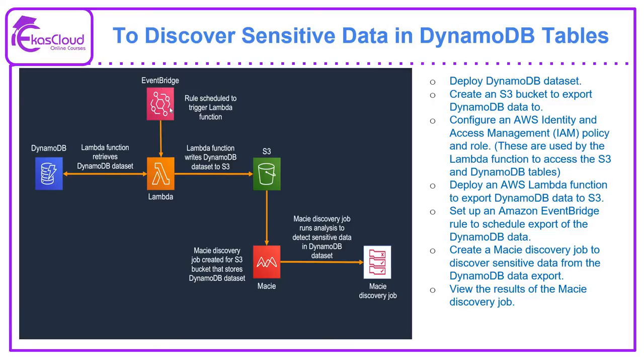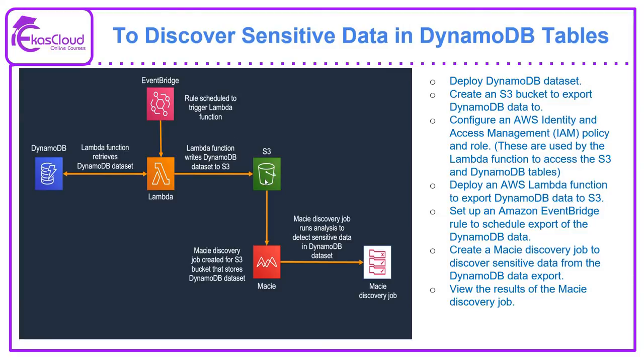Your EventBridge would be a way to schedule and trigger this Lambda function, and your S3 bucket as well will have an IAM policy on it. So this will be used by the Lambda function to access the S3 bucket and also your DynamoDB tables. The Lambda function would then export the data into S3, depending on the trigger.